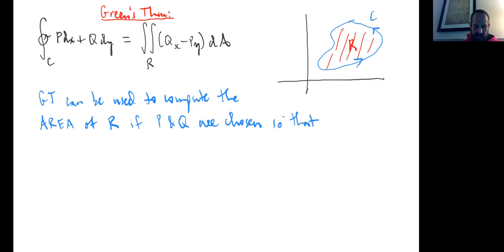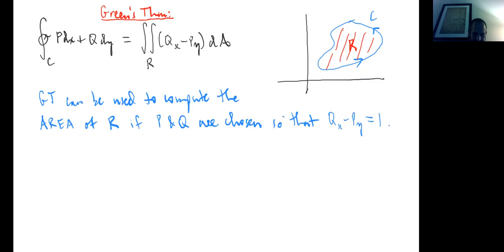Well, think about it. If you wanted that double integral to just be giving the area of that region R, then you would just need Q sub X minus P sub Y to be equal to 1. Okay, so Q sub X minus P sub Y equal to 1. Because then that line integral would just be equal to the area of R.